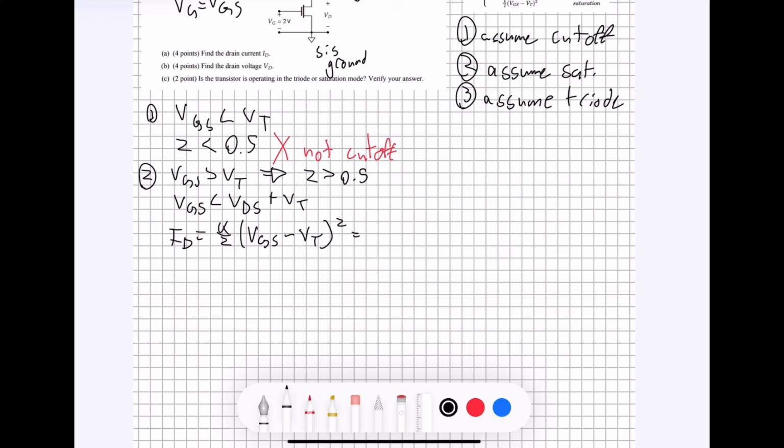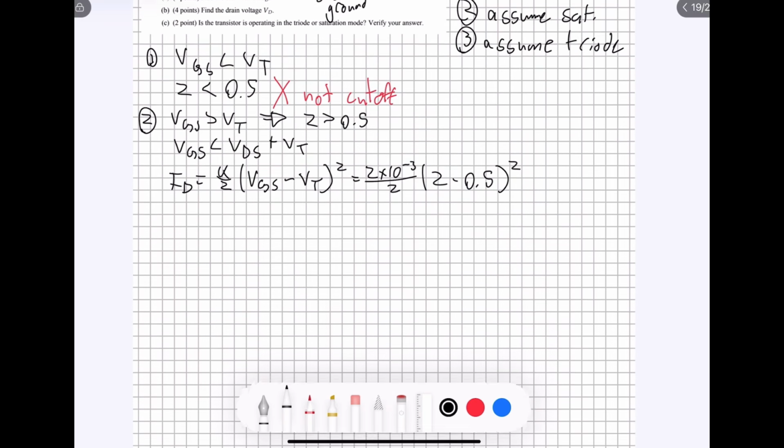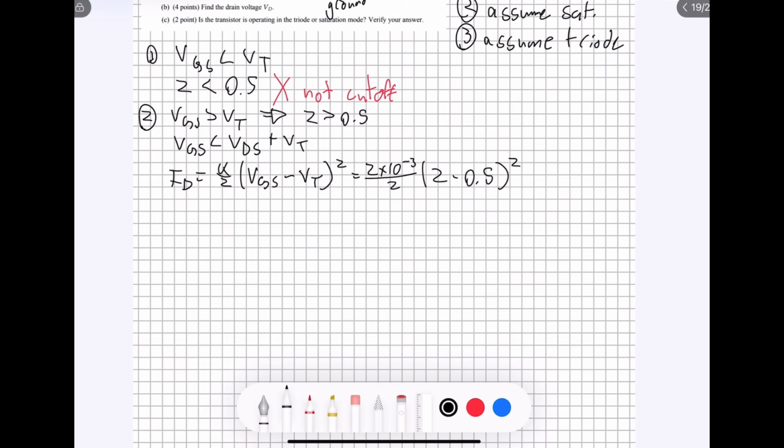And of course we know that K is 2 times 10 to the negative third, over 2. VGS is 2 minus VT is 0.5, and that is going to be all squared. If we solve that out, we're going to get ID is equal to 2.25 milliamps.